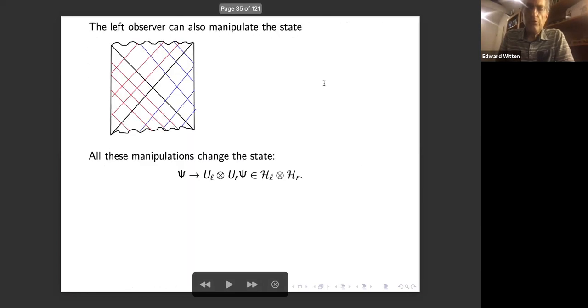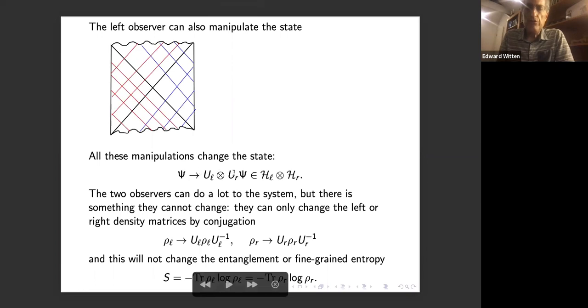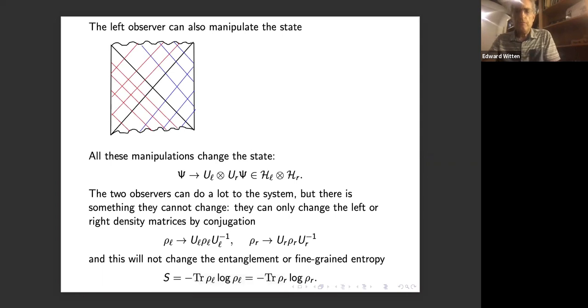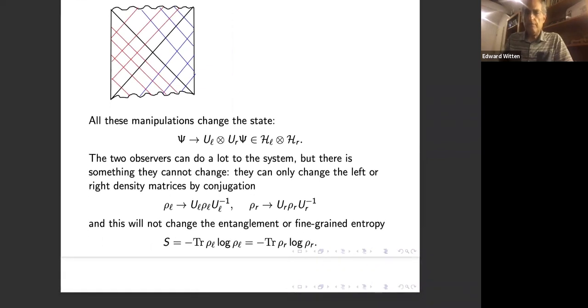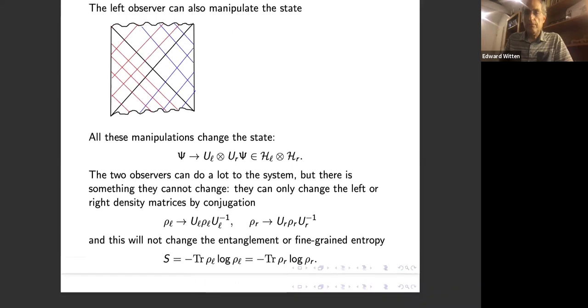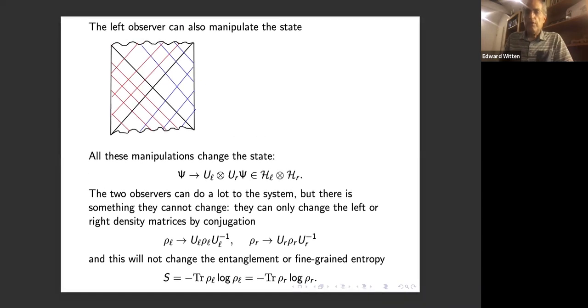After they do their will, acting with UL tensor UR, they have a different pure state, but the entanglement entropy is the same. So whatever they've done will not change the entanglement or fine-grained entropy. So the left and right observers can do whatever they want, but they can't change the entanglement entropy between the two sides.